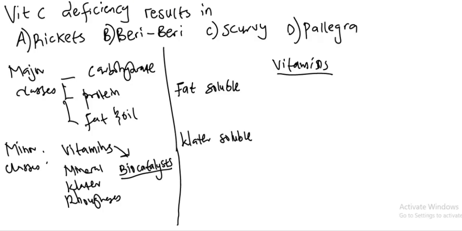In water. The fat soluble vitamins are vitamin A, vitamin D, vitamin E, and vitamin K. So we use the shortcut ADEK.